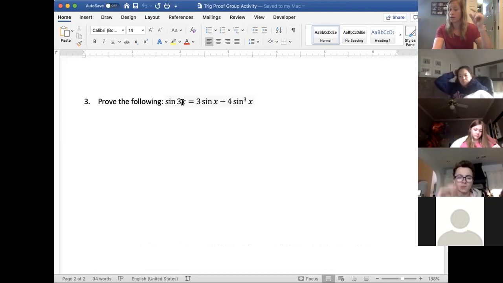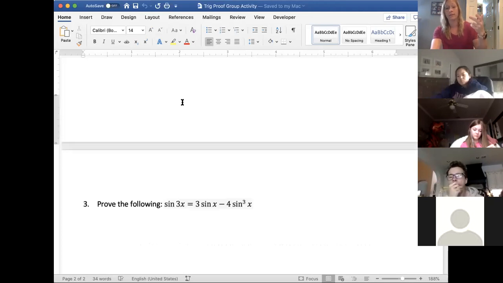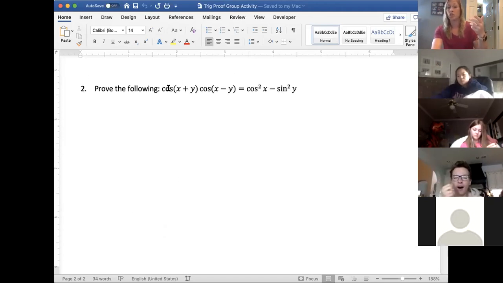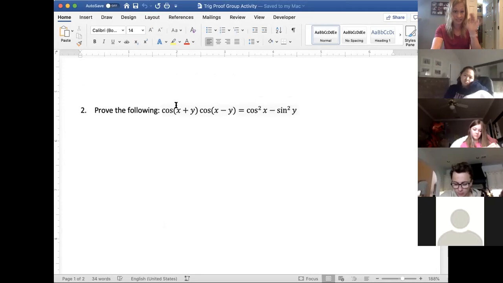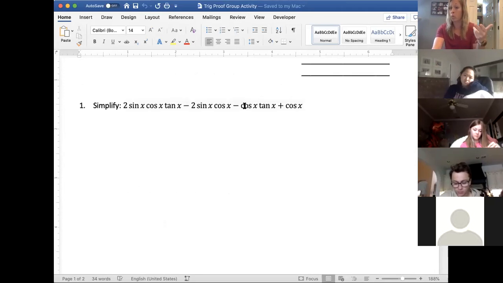That's something you can keep in your head for other proofs. Back here, we had 2 different sum and difference formulas and realizing we can FOIL those and make some substitutions. That was the twist on this one. On number 1, there was greatest common factor and factor by grouping. Those were the twists on that one.